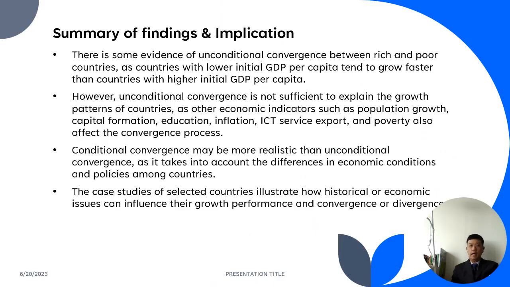Now, let me summarize the key findings and the implications of the study. There is some evidence of unconditional convergence between rich and poor countries, as countries with lower initial GDP per capita tend to grow faster than countries with higher initial GDP per capita.